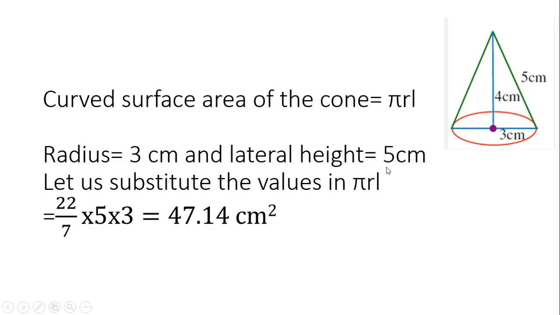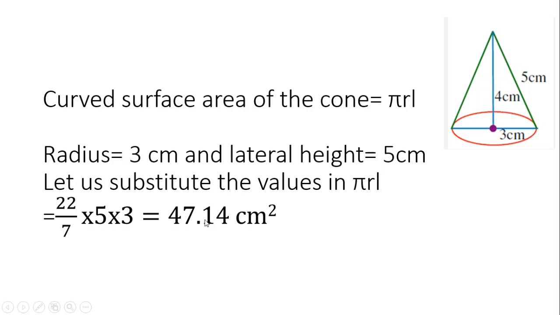Taking pi as 22 by 7, with slant height 5 and radius 3, simplifying it, we get 47.14 square centimeters. It is the curved surface area of the cone.